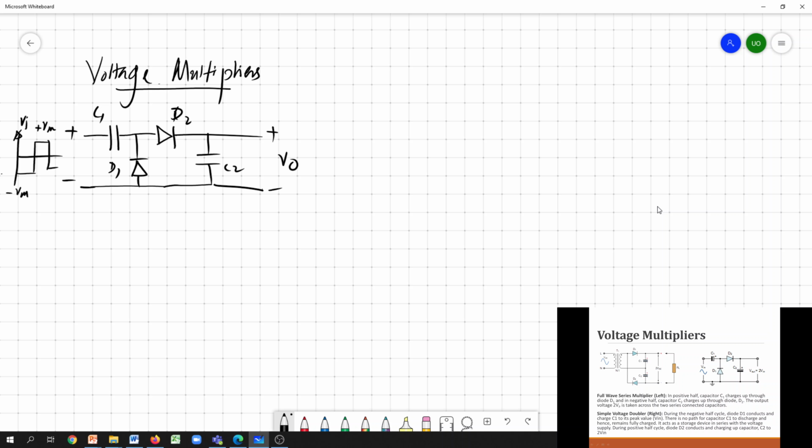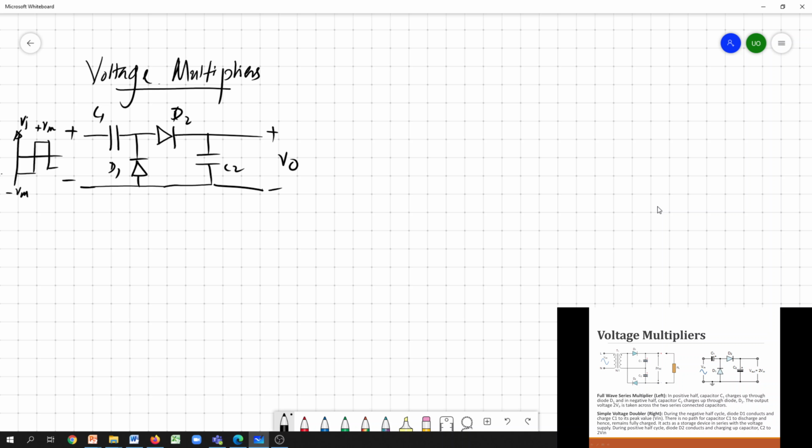You can go with a sinusoidal signal, but once it comes to a sinusoidal signal, you have to analyze the circuit by splitting the half cycle into two regions. That's why I simply select this square wave, so we can get the idea of how it operates for the square wave and extend the same idea to the sinusoidal.